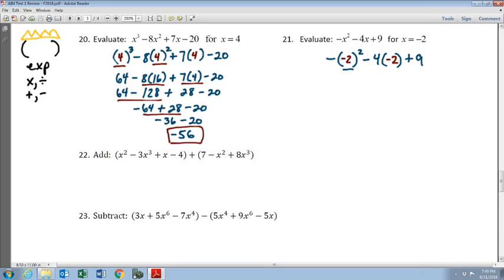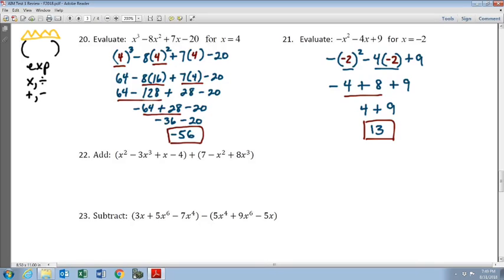Negative 2 times negative 2 is a positive 4, but we've got that negative out front, so we're going to get a final answer here of negative 4. We've got a negative 4 times a negative 2, that's going to be plus 8, and then bring that 9 down. So let's again go from left to right. We get 4 plus 9, and so we're going to get 13 there.